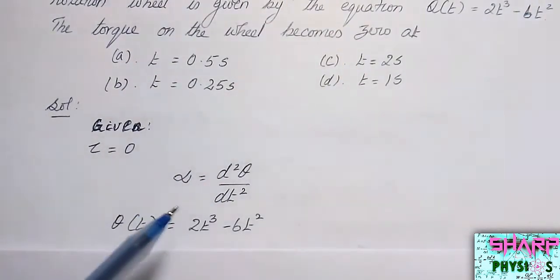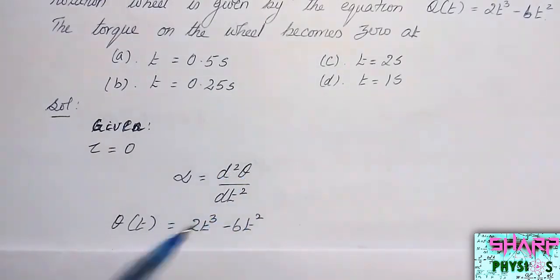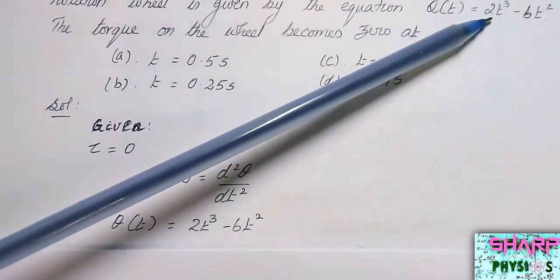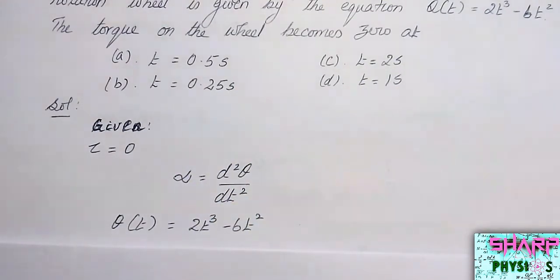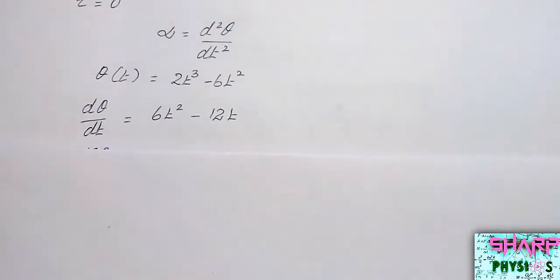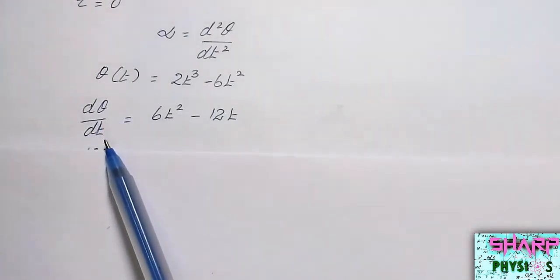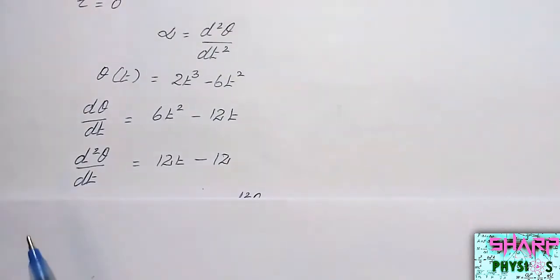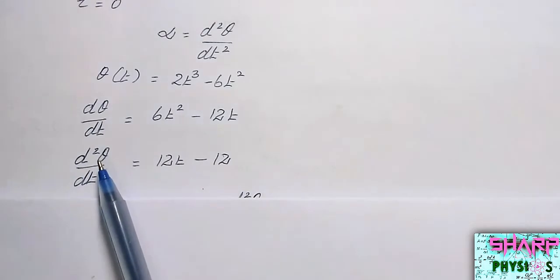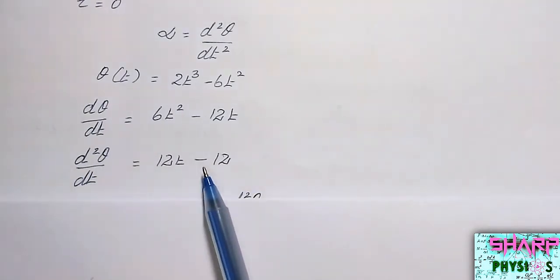We have been given theta of t is equal to 2 into t to the power 3 minus 6 into t to the power 2. So when you differentiate it, you get d theta divided by dt is equal to 6t square minus 12t. Again, if you differentiate a second time, d square theta divided by dt square is equal to 12t minus 12.